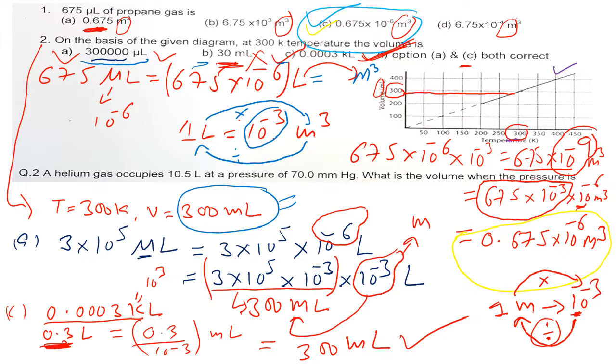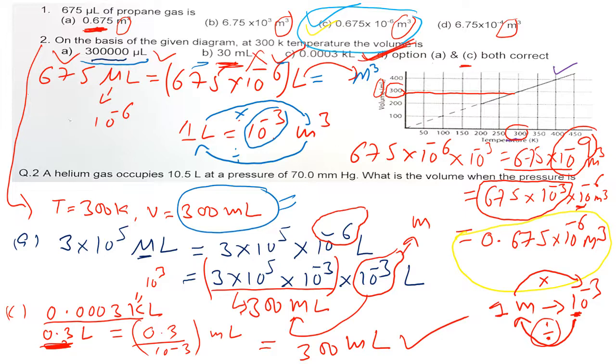Now here multiple choice questions are given, and question number 1 is: 675 microliter of propane gas is equal to how much? First you have to check which units are given in the options. Here in the options, all the units are given in meter cube.